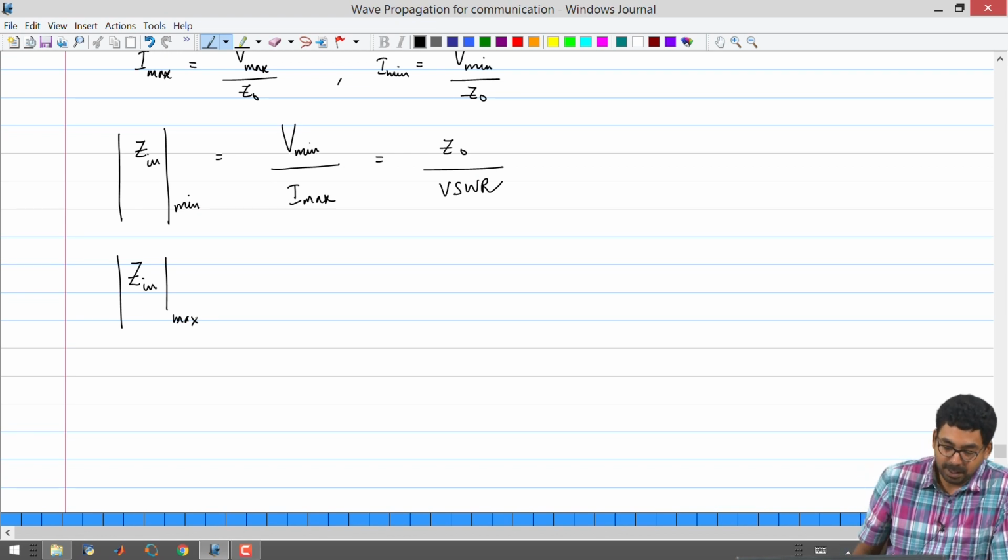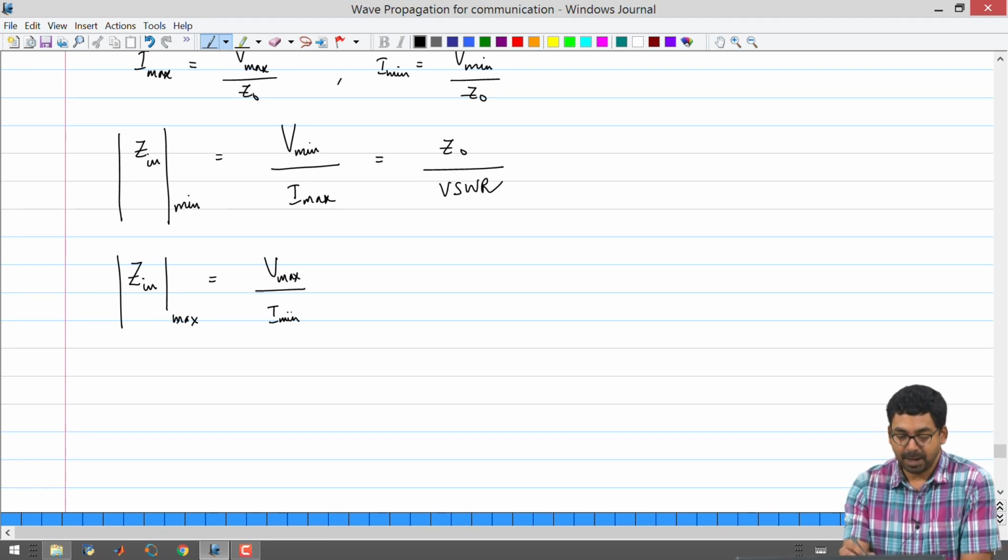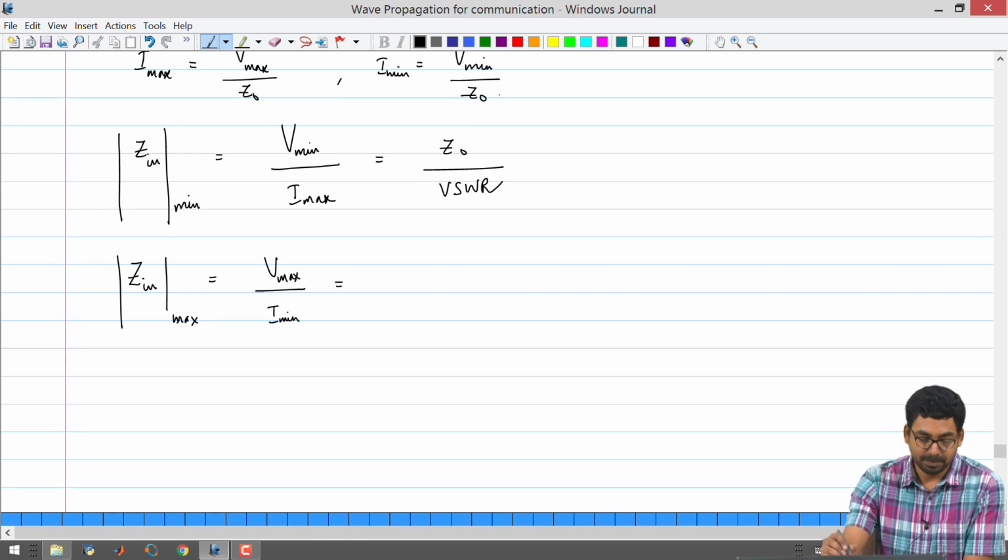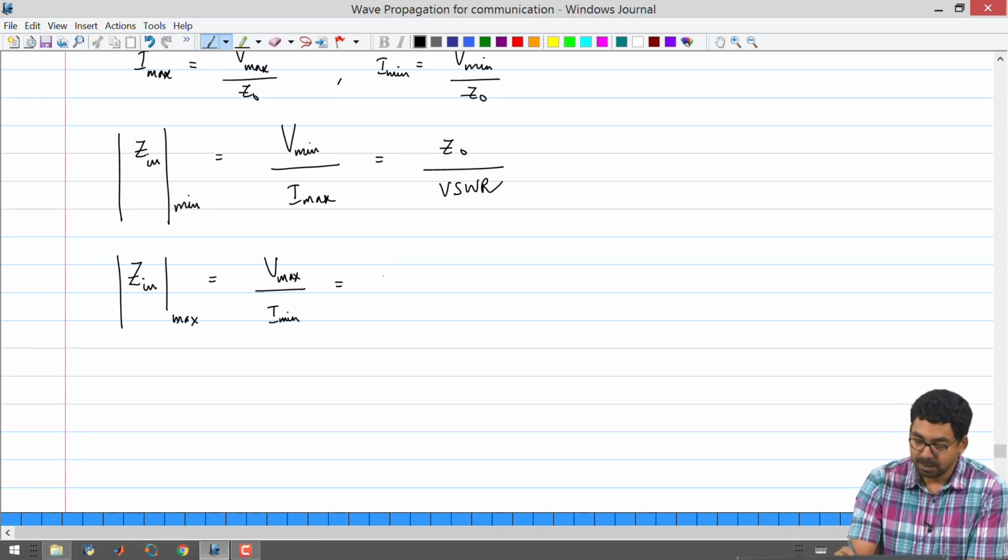Now, let us also look at what the maximum value of Zin is going to be. Zin max will be maximum voltage in the numerator divided by the minimum current in the denominator. I can always substitute for I min. I min is equal to V min divided by Z naught. So, this becomes VSWR times Z naught.